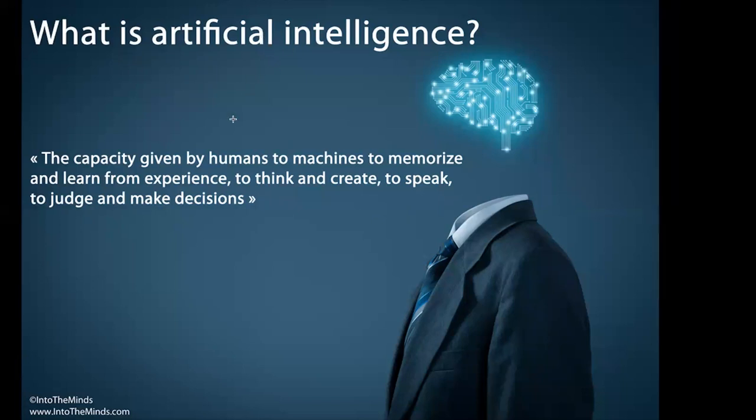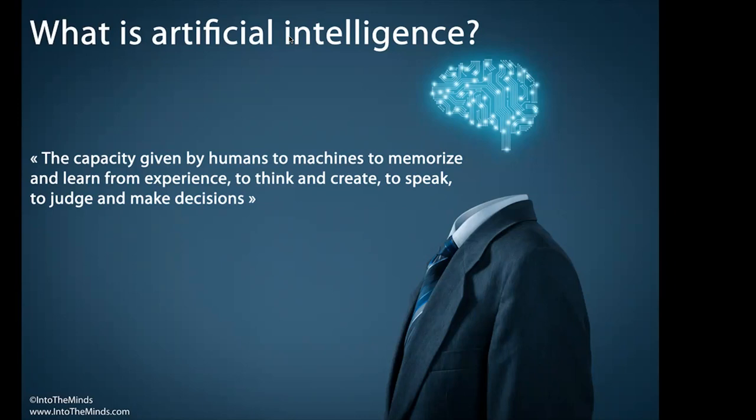Right, let's begin. What is artificial intelligence? Now, remember, it is the ability or the power given by we humans to machines to actually perform what we are able to, and even go to extremes more than us.